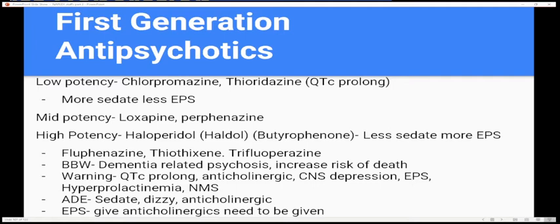So just by taking Haldol, you're more likely to die than someone not taking Haldol, which is crazy, but that's its risk. Warnings include QTc prolongation, anticholinergic effects, and EPS, so if they have Parkinson's disease, you probably don't want to give them one of these. It also causes sedation, so if they're elderly, you want to avoid anything sedating most of the time.